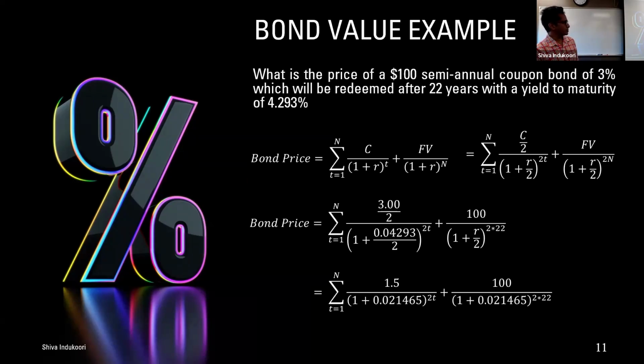So what I did is your coupon payment will be $1.5, for 6 months, 2 times in a year, okay? And divided by R, which is 4.293. This is for a year. For 6 months, it will be 2.1465%.